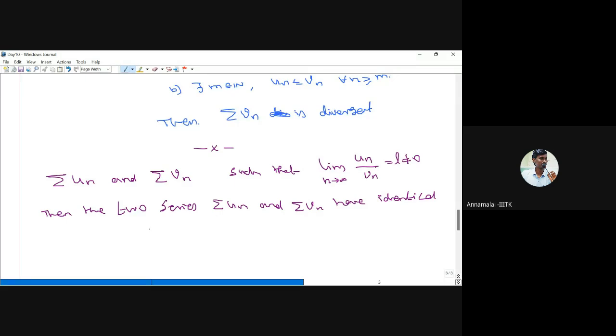If it is not equal to 0, then both have identical behavior: convergence with convergence, divergence with divergence.